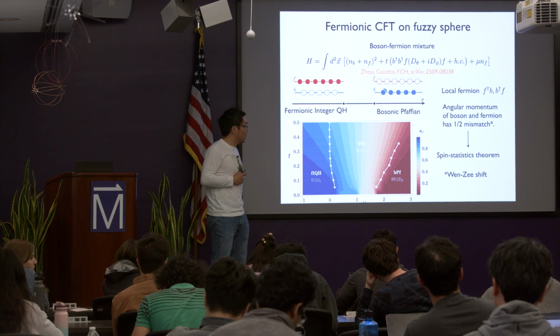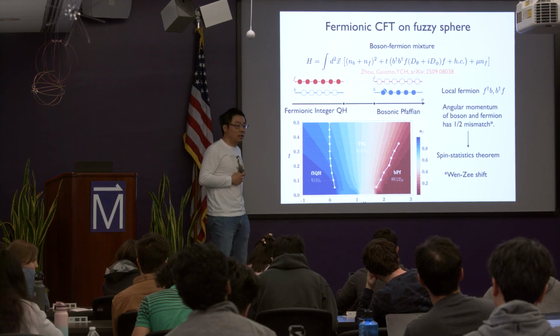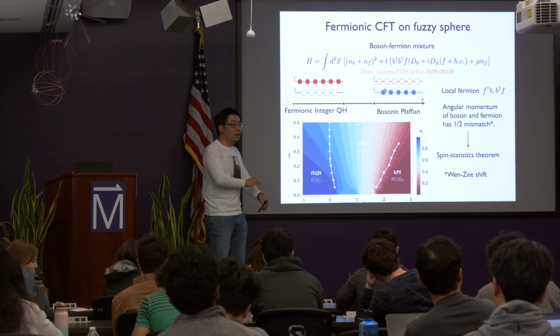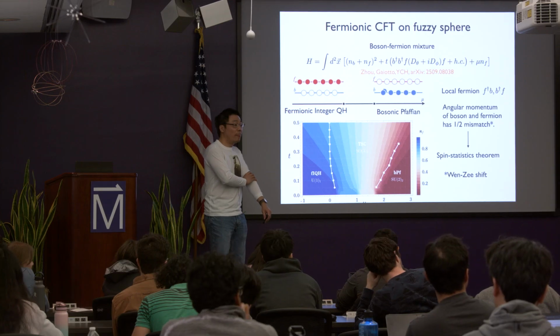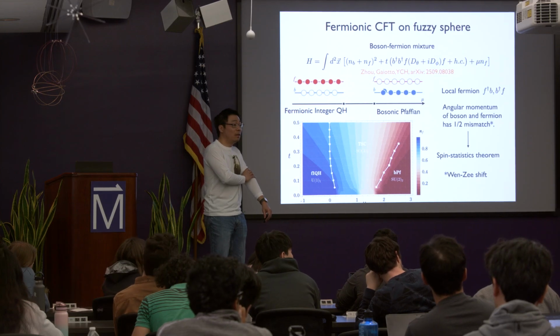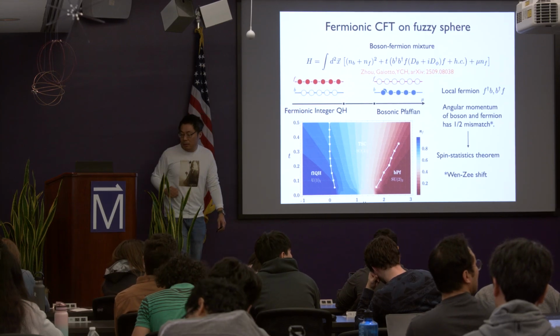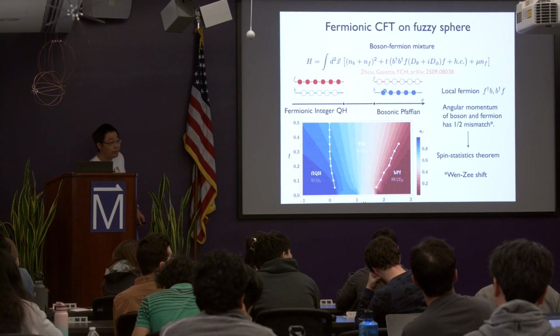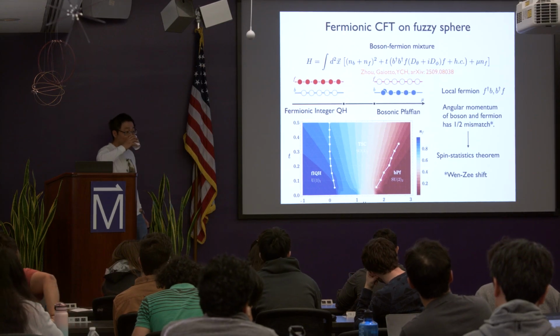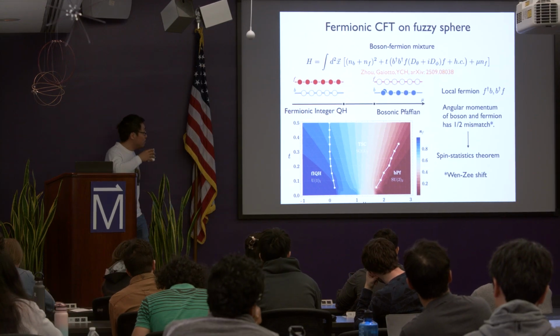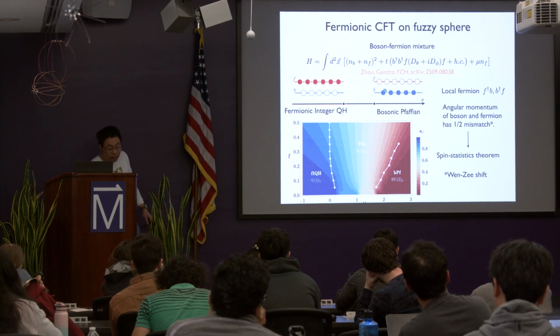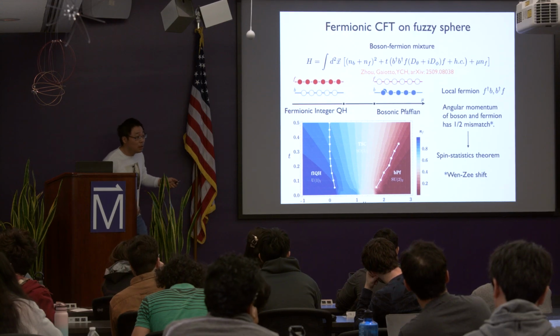Yeah. Then in the previous work, what they asked was about what happens when both the fermion, but for the boson. Yeah. And here, what is the y-axis? T is the hopping. Yeah.